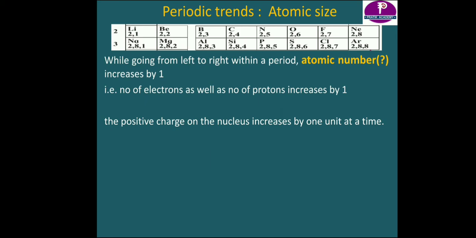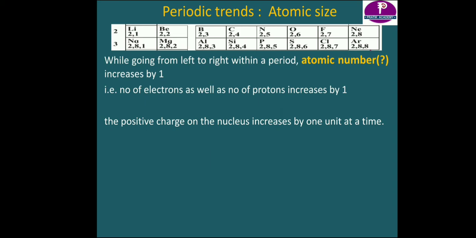But if you observe here, in the second period there are only two shells, which remain constant from left to right. In the third period, the number of shells remains constant, that is 3, and electrons are increasing, and in the same way protons are increasing.